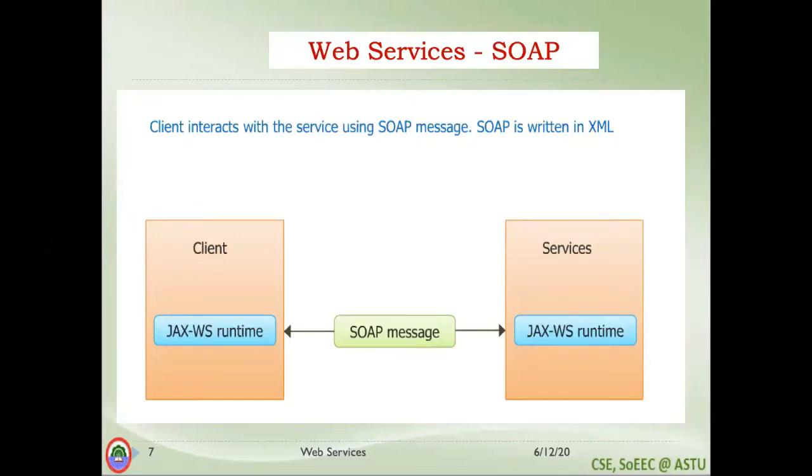And if you want RESTful web services, we have to use JAX-RS. RS is nothing but the RESTful service API. These are the two libraries we have to use to implement these web services. For SOAP-based web services, we have to use the JAX-WS API. To implement the RESTful web services, we have to use the JAX-RS library.